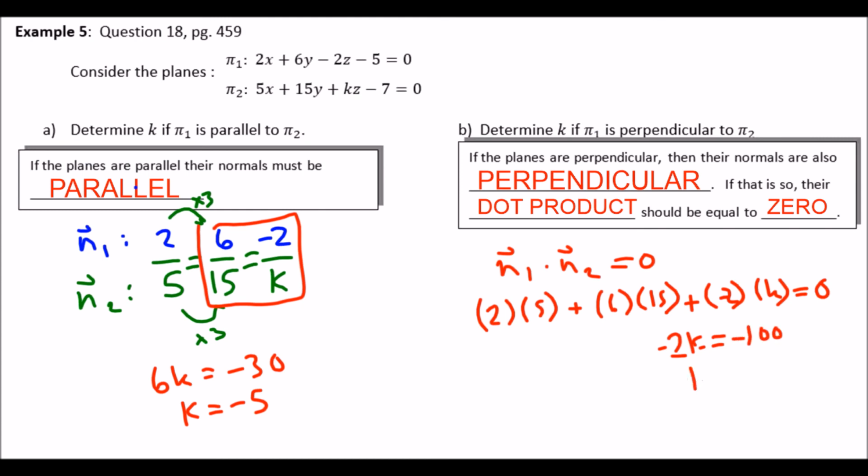That means K is equal to 50. All right, so that means that if K is equal to 50, then the planes are perpendicular. All right, that is the end of lesson 3.